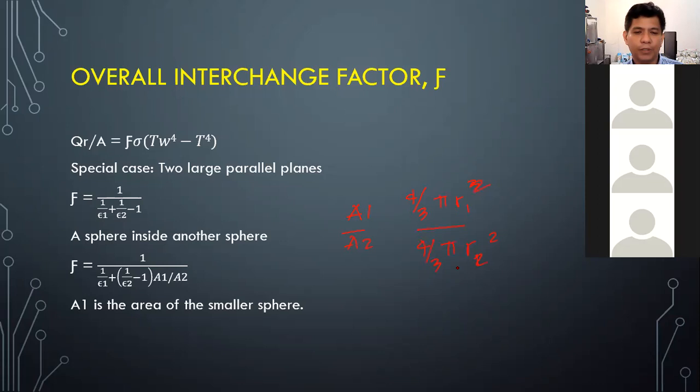Tama? Do you agree? Basta ang mangyayari lang naman dyan, magka-cancel lang naman to, whether it's quartered or not. So, yung constant magka-cancel din lamang. So, you can use diameter. Area 1 over area 2 is also equal to D1 squared divided by D2 squared. Do you agree? Parehas lang naman yun. Tama?